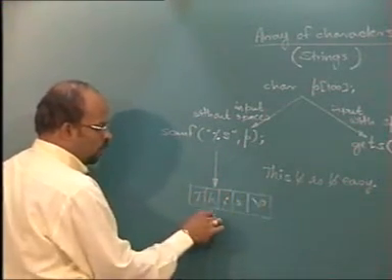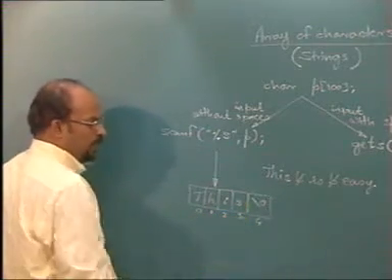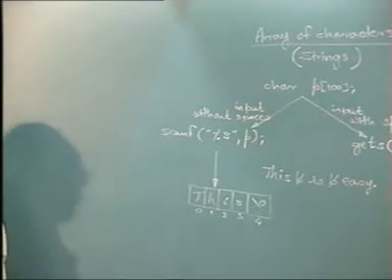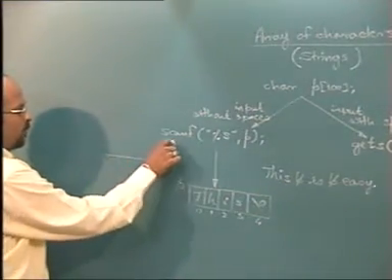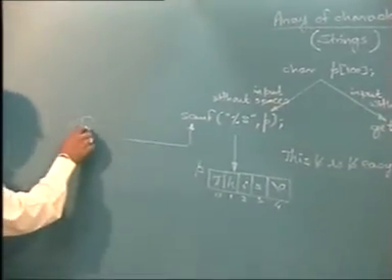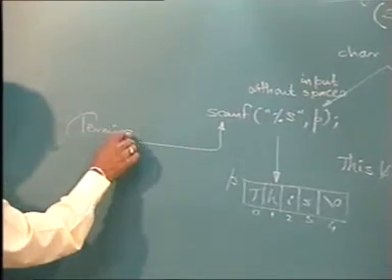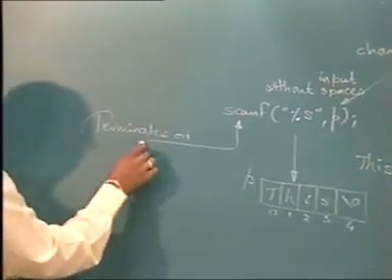Position 0, 1, 2, 3, 4 is \0, which is a special character. Because scanf has got a property that it terminates on space.